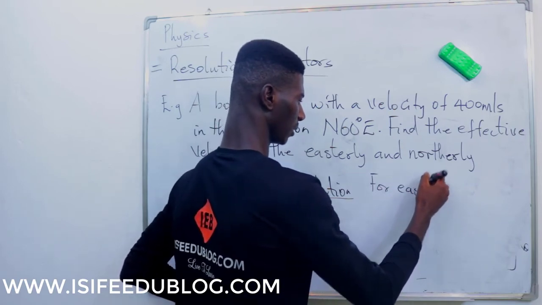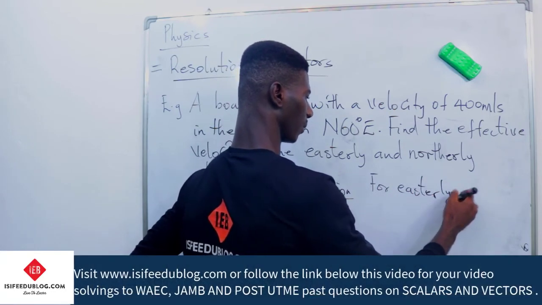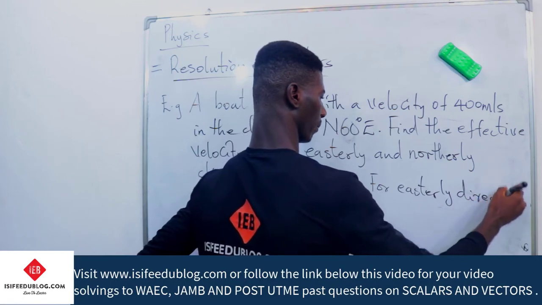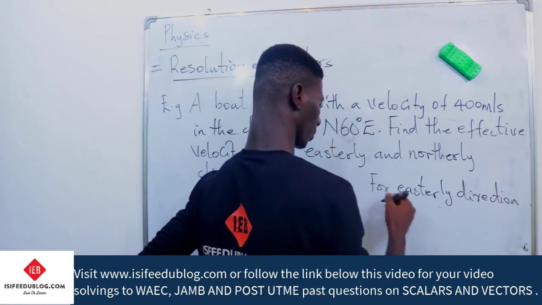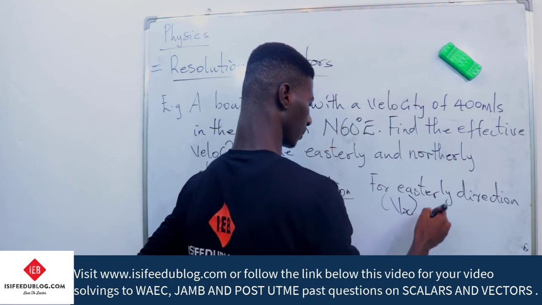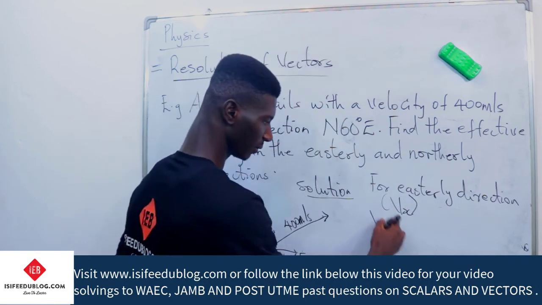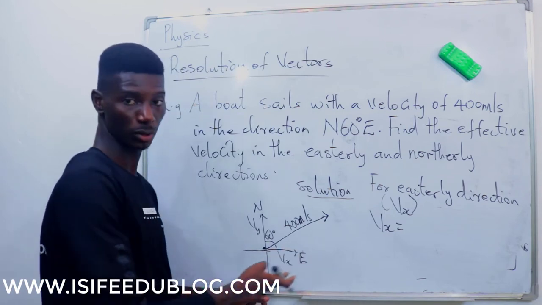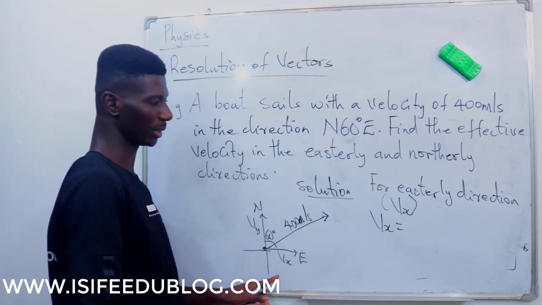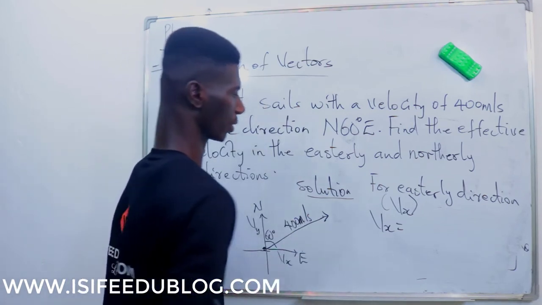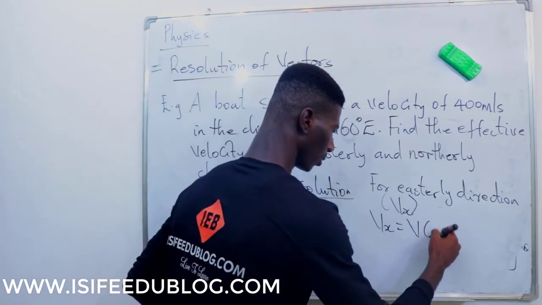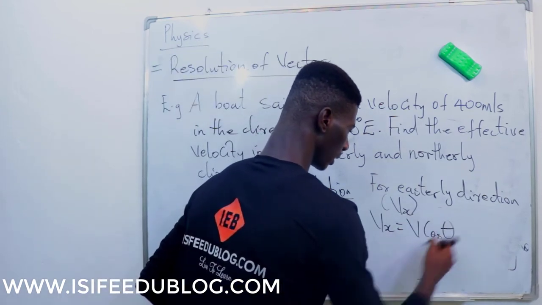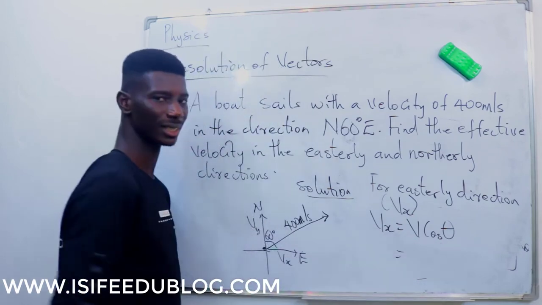So what we are going to do is simply apply our formula for the easterly direction, which is V sub x. V sub x is simply resolving for the horizontal component. We are making use of cos, so we have V cos theta. What is theta here?